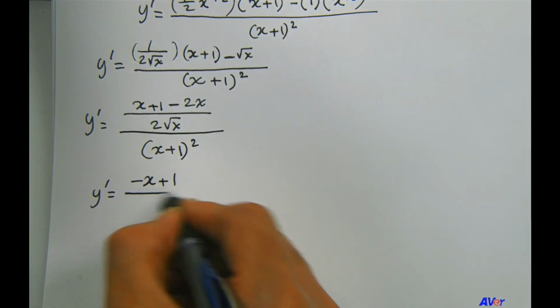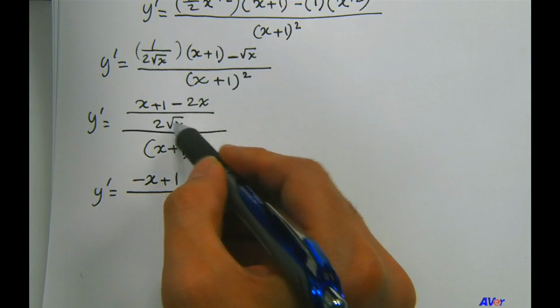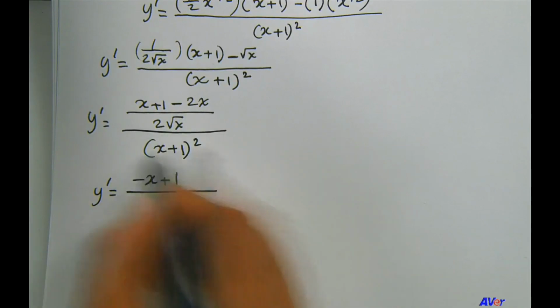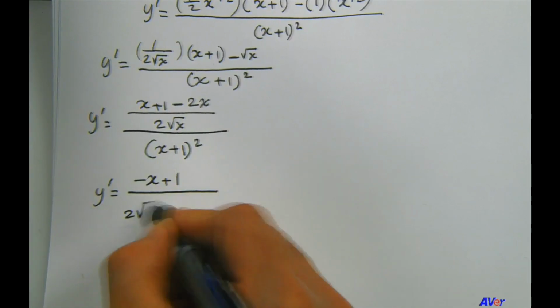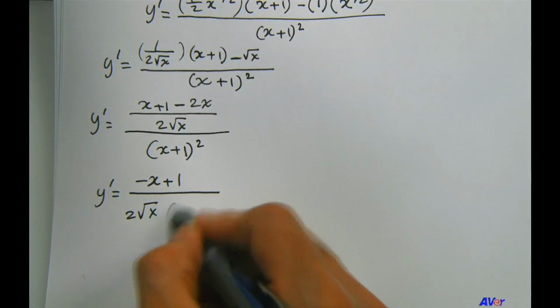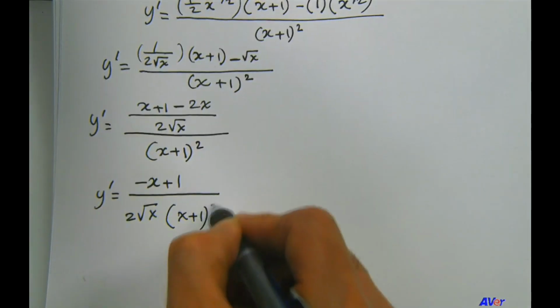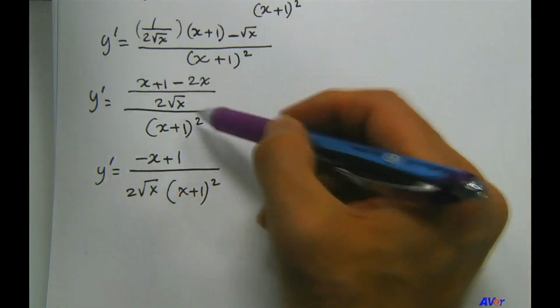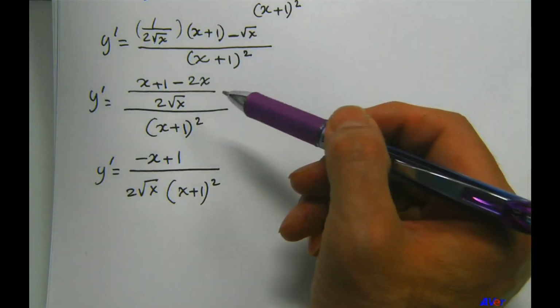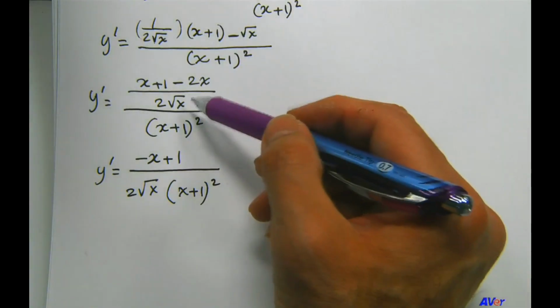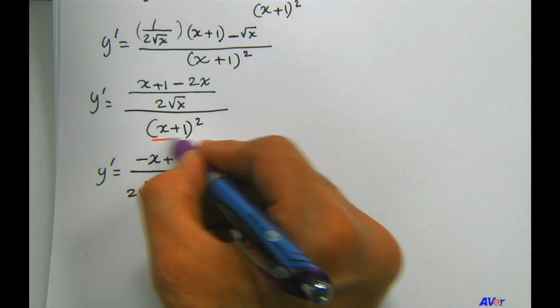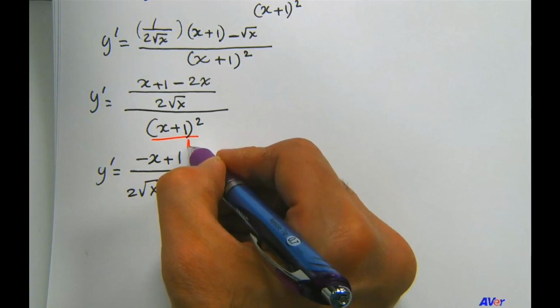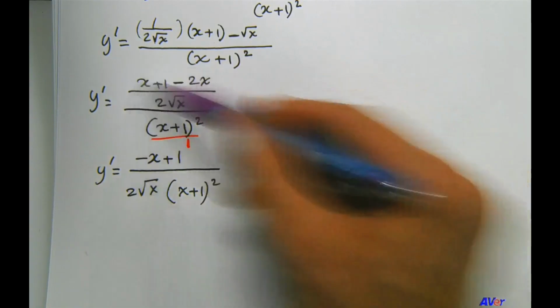At the same time, let's simplify this. So 2 square root of x times the denominator, like that. If you guys remember what we talked about, the easiest way to simplify a complex fraction is, so the denominator in this one is 1. Multiply the farthest terms.